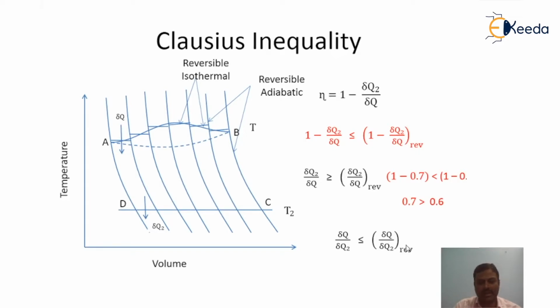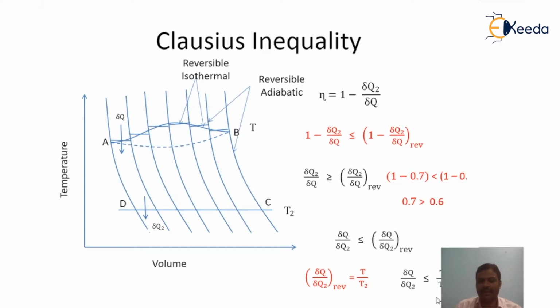Now for Carnot cycle, we have delta Q divided by delta Q2 reversible is equal to T by T2. So in the previous equation, if you substitute T by T2 for delta Q divided by delta Q2 of a reversible cycle, then we will have delta Q divided by delta Q2 is less than or equal to T by T2.